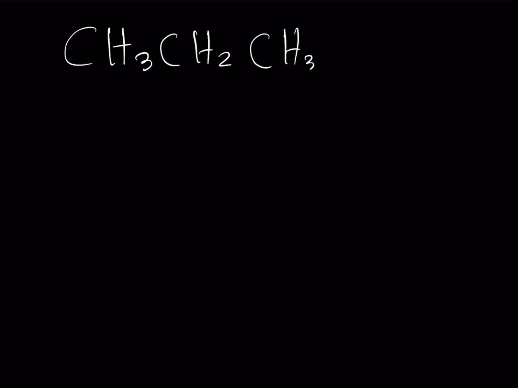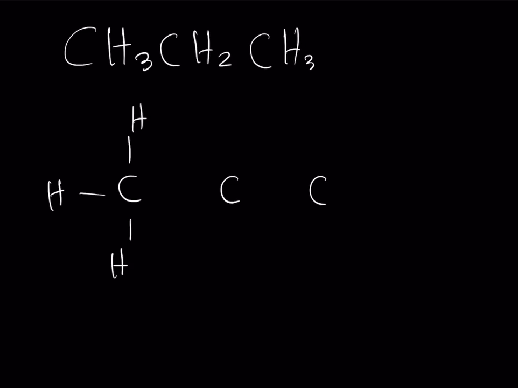Let's look at a few more examples. Let's go over CH3, CH2, CH3. So this is called propane, and the way you draw it is you have 3 carbons, and the carbon on the left has 3 hydrogens, so draw 3 hydrogens for it.